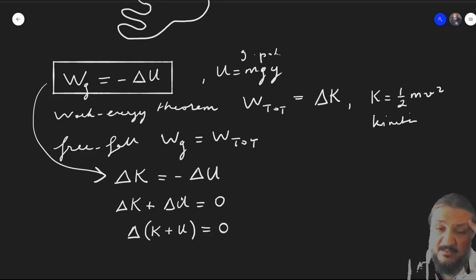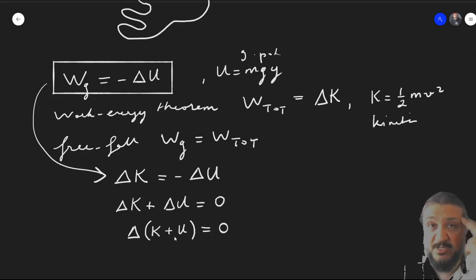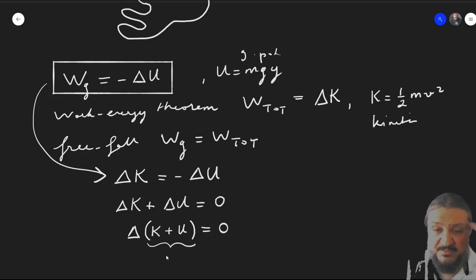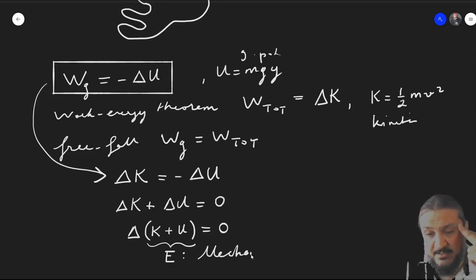So the final value of K plus U, whatever that is, let's give it a name. Both are energies. One is kinetic, one is potential. Why don't we call the sum also an energy, letter E maybe, and this stands for mechanical energy.